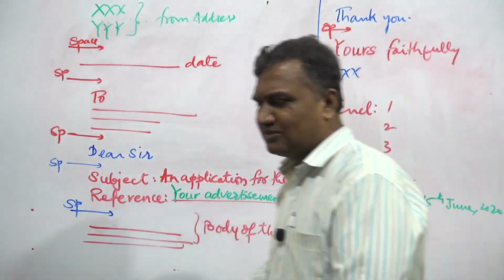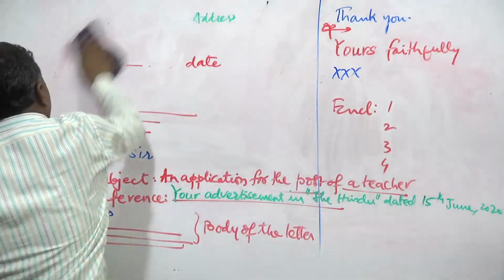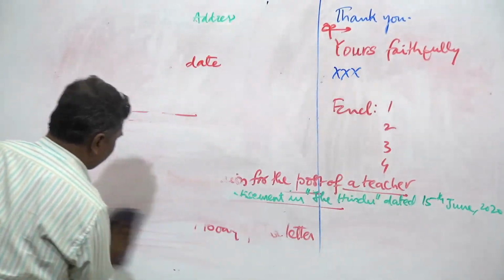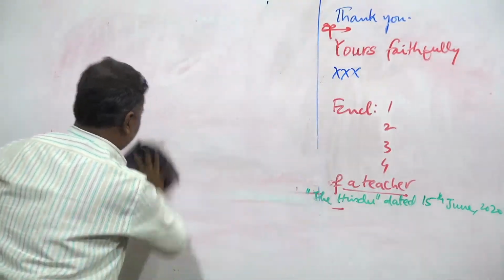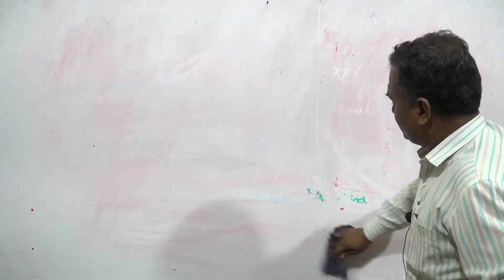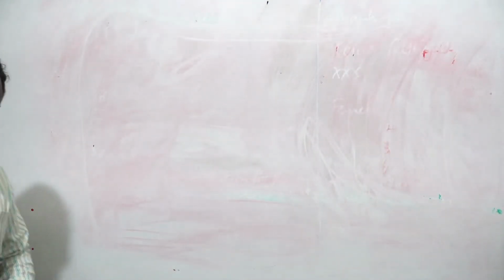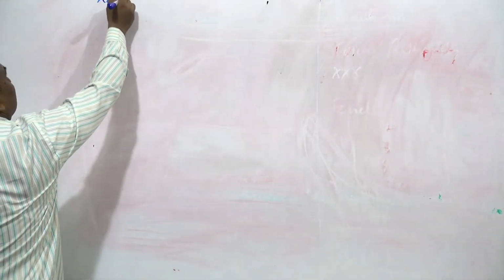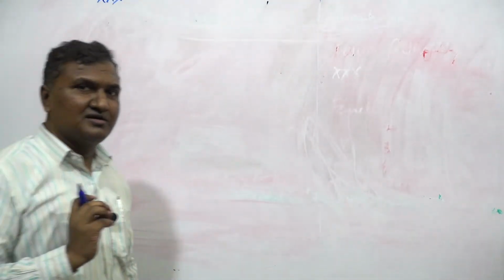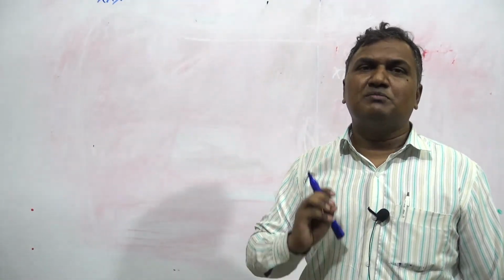Let us take one example, a brief letter. Our inside address, 3 times X. Let us say, write an application for the post of a teacher to the principal of a high school.